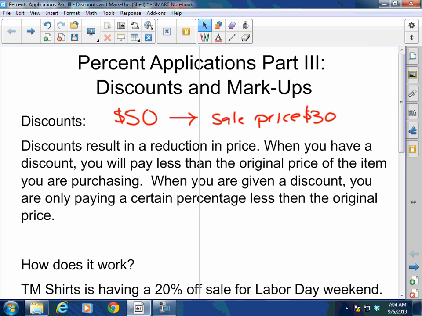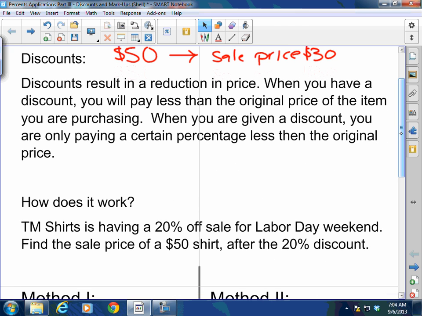When you have a discount, you will pay less than the original price of the item you are purchasing. When you are given a discount, you are only paying a certain percentage less than the original price. Okay, that should be a "than," not a "then." Than the original price. So let's see how it works.